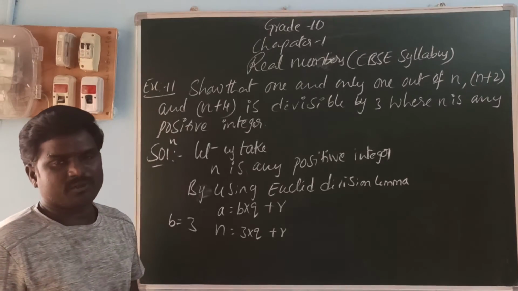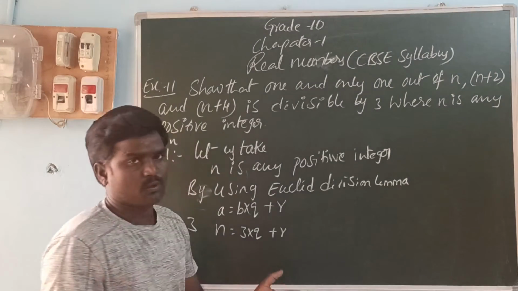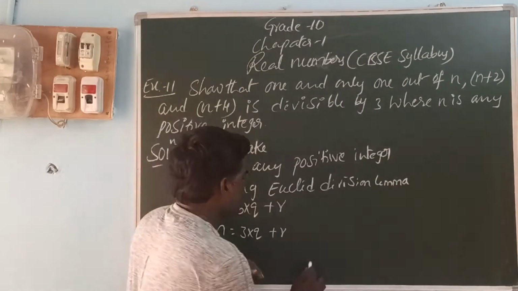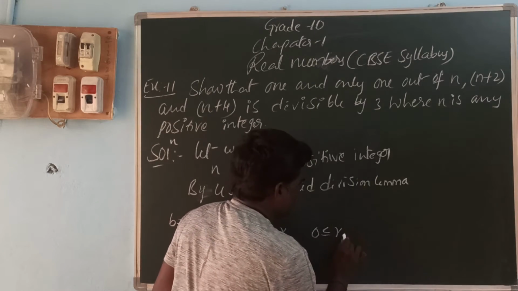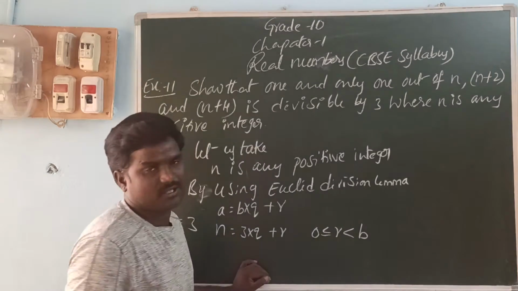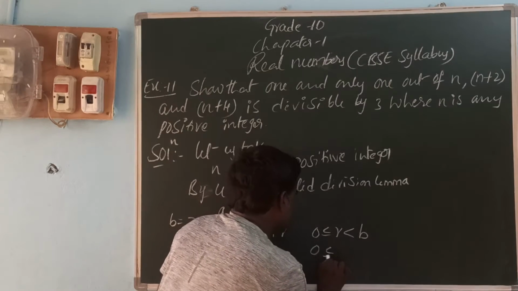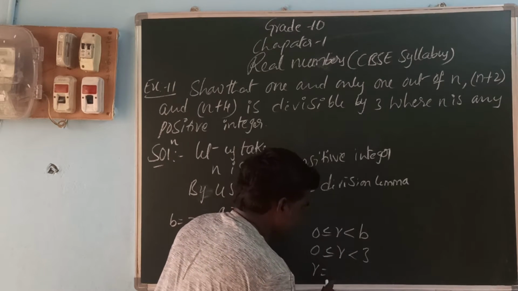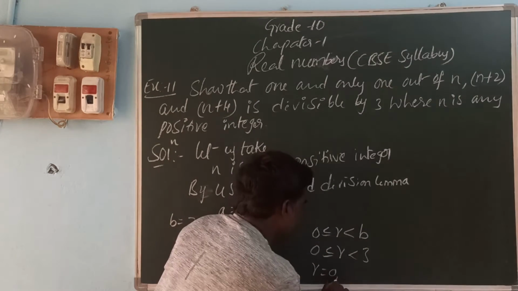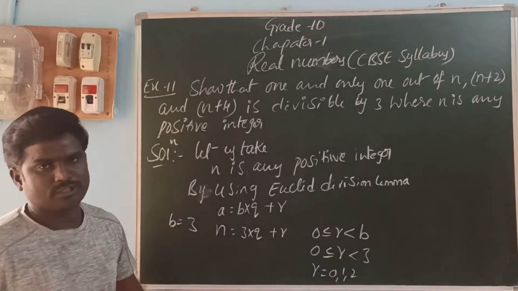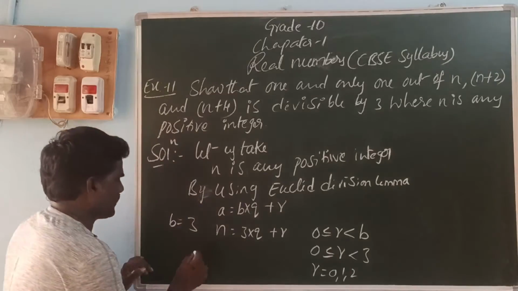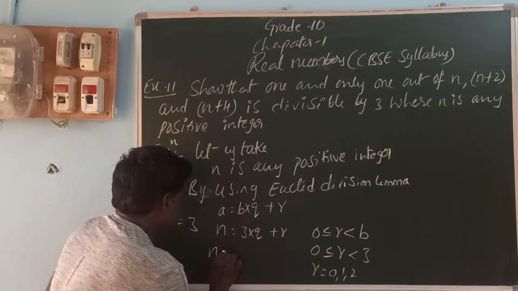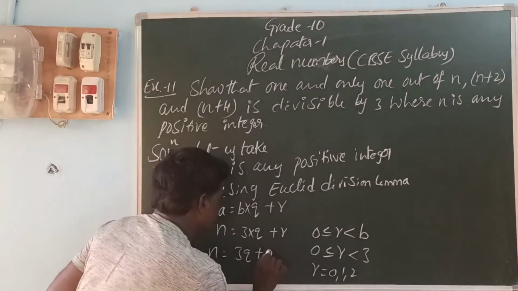So what is the condition of the remainder? The remainder is greater than or equal to 0 and less than the divisor. So here, 0 less than or equal to r, less than 3. Therefore the values of the remainder are 0, 1, 2. Suppose the remainder is 0, then n is equal to 3q plus 0.